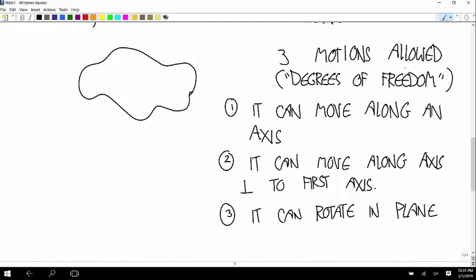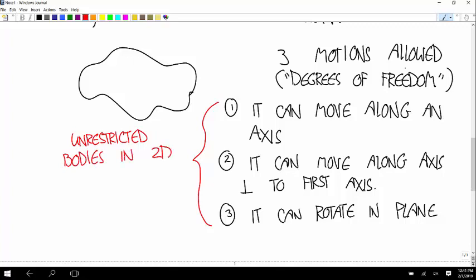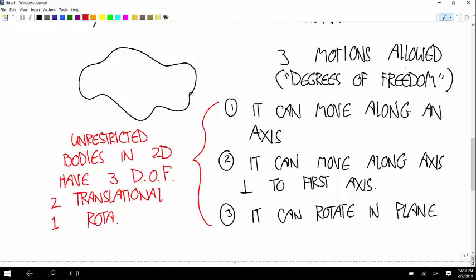So all this together says unrestricted bodies in 2D have 3 degrees of freedom. And those are 2 translational and 1 rotational. Okay.